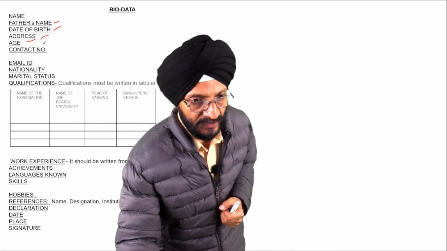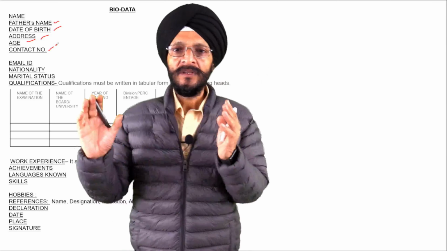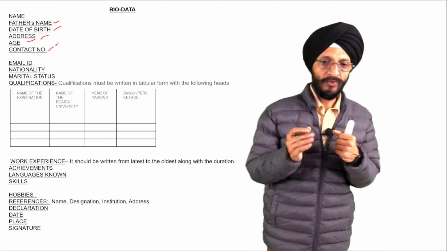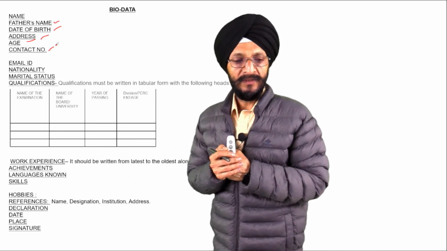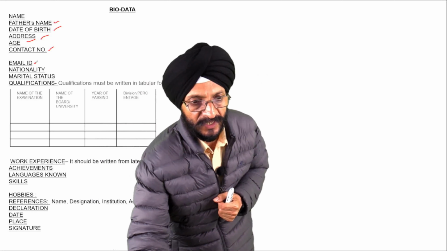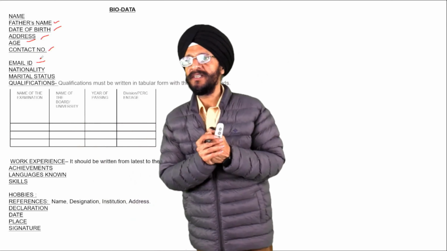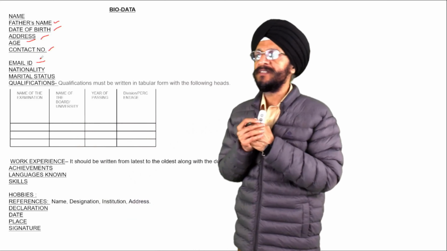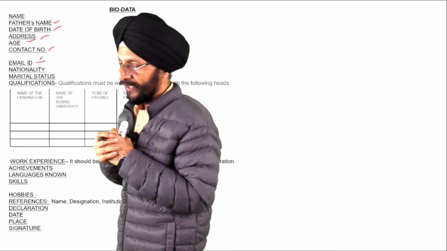Then you have to mention your age, and here you have to mention your mobile number or telephone number. Then you have to mention your email address because in these days of technical advancements, most of the correspondence is made through email.